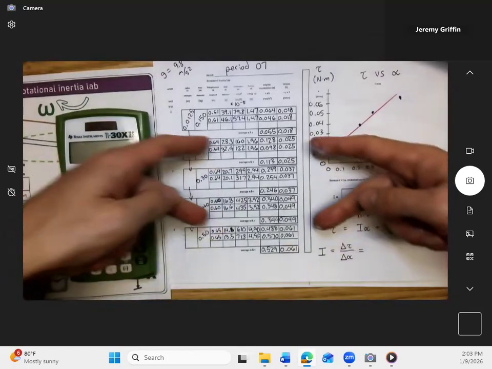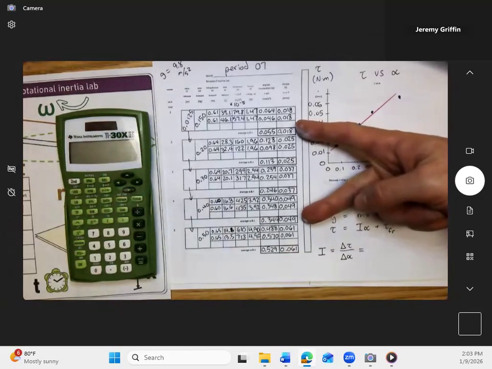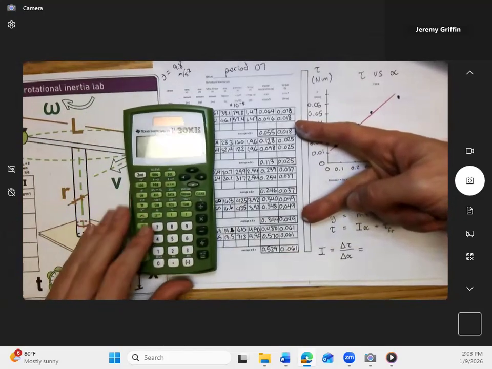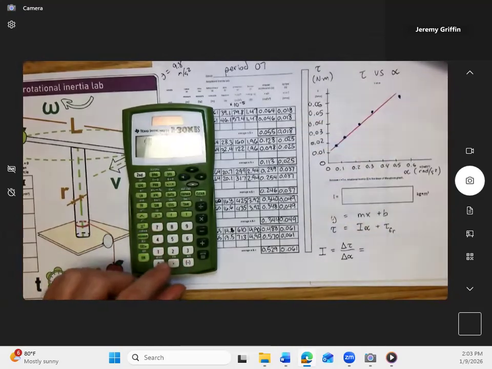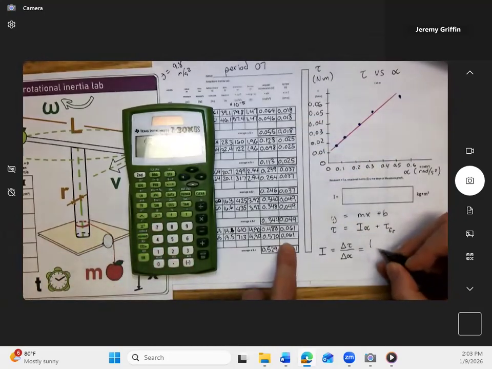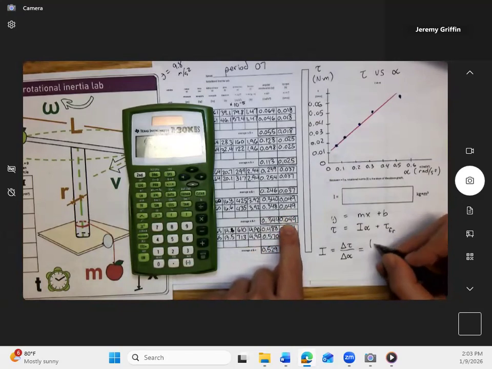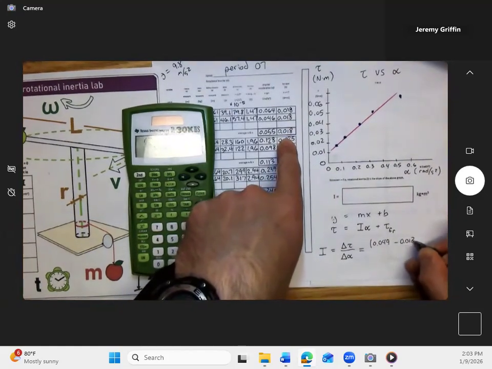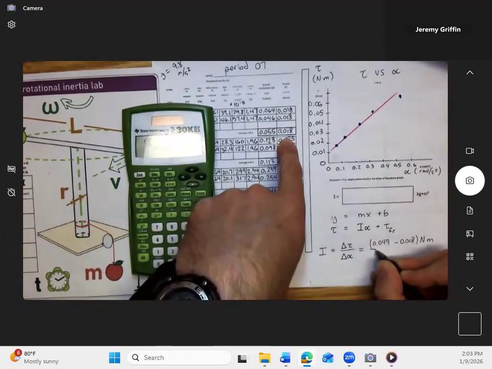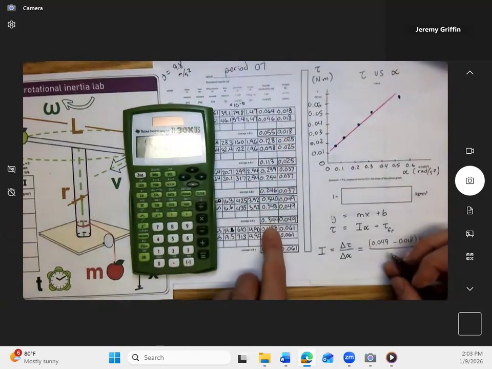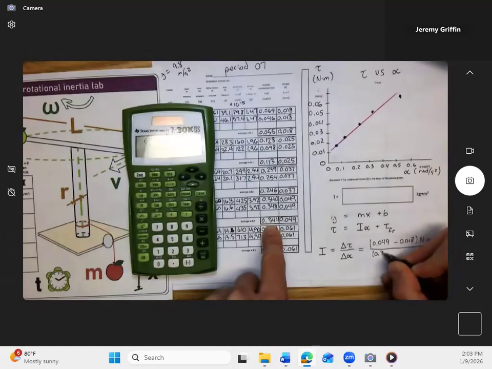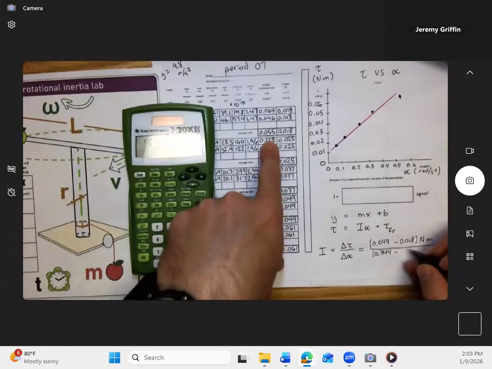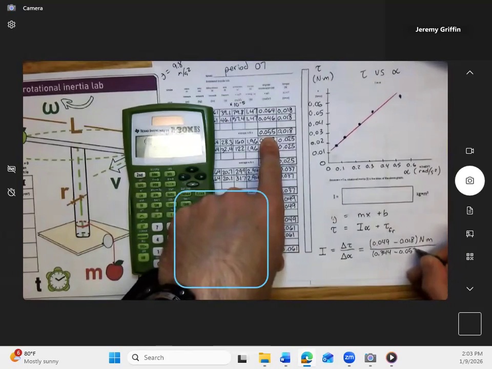So I'm looking at this coordinate versus this coordinate, and you do rise over run. So open parenthesis, 0.049 minus 0.018, that's newton meters, divided by 0.344 minus 0.055, that's radians per second squared.